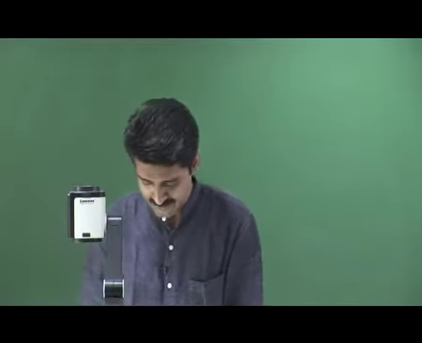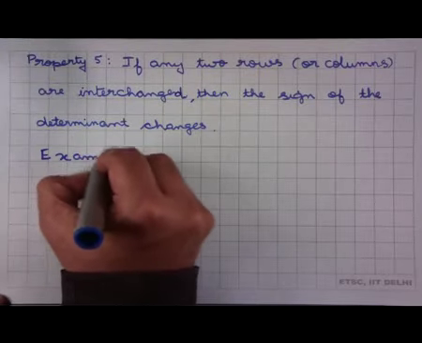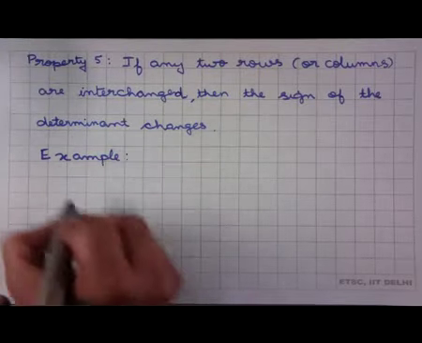And just to see this in operation, we can consider some examples. Let us start with a 2 by 2 example. The idea is that we will interchange two rows and then see what happens to the value of the determinant. This example will also help us establish a notation for these changes.